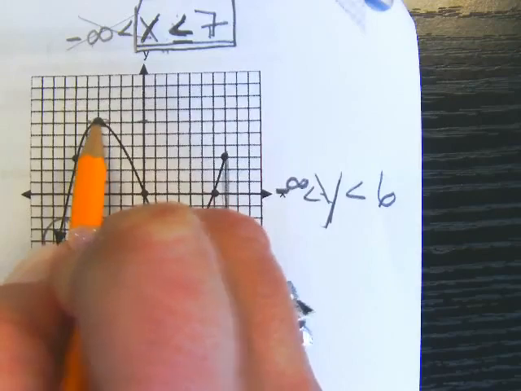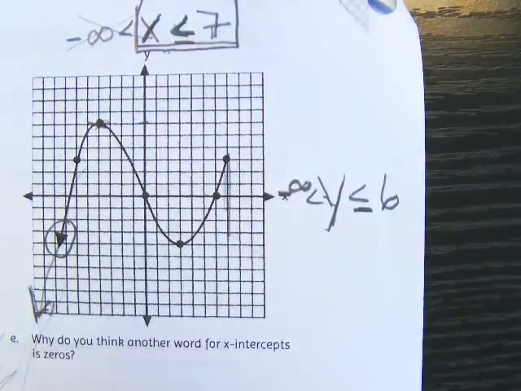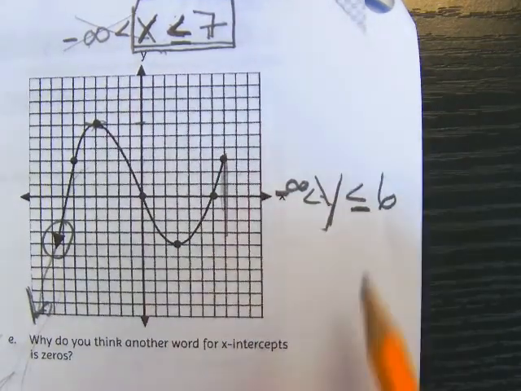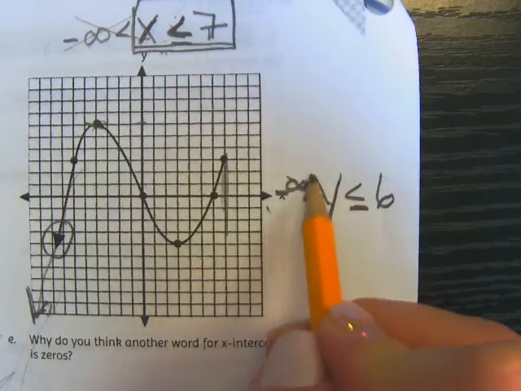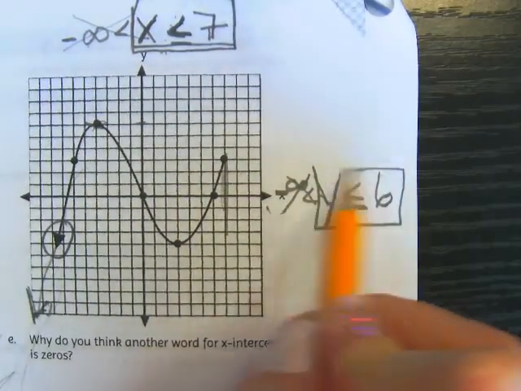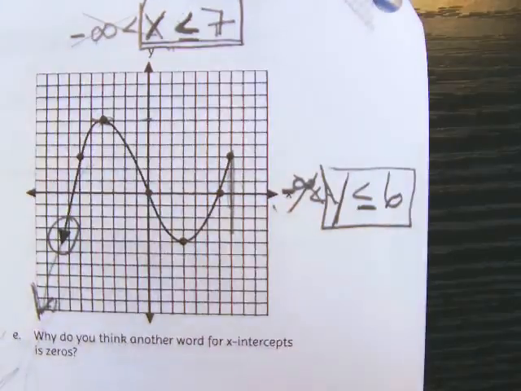Notice there is a closed circle on that spot, so I can put the equal to sign. All right? And same thing, because it's going to negative infinity, this is insinuated in y less than or equal to 6. So you can write it just like that, or you could leave the infinity. That's up to you. All right, so that is domain and range in a nutshell for functions.